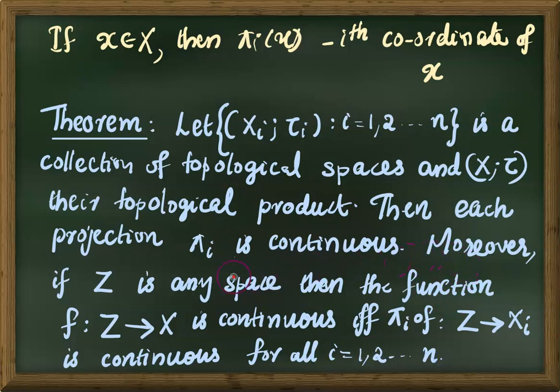So we have to show that the projection function pi i is continuous. Also, we need to prove the statement f is continuous if and only if pi i composition f is continuous for each i. Let us first prove that the projection functions are continuous.